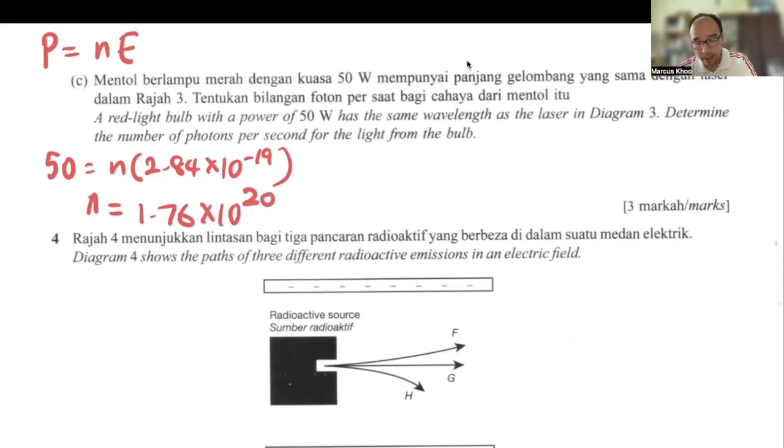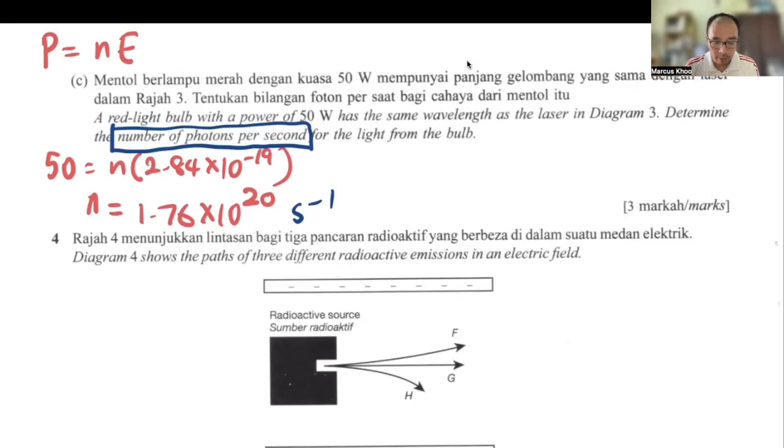Because it's the number of photons per second, which is already given here as the letter N, usually we don't have to put a unit for this, but I've seen a lot of books that like to put per second to complete the answer with units. You can do that also. So 1.76 times 10 to the power 20 photons per second. The per second unit is optional, but if you know it, why not? Just put it in.